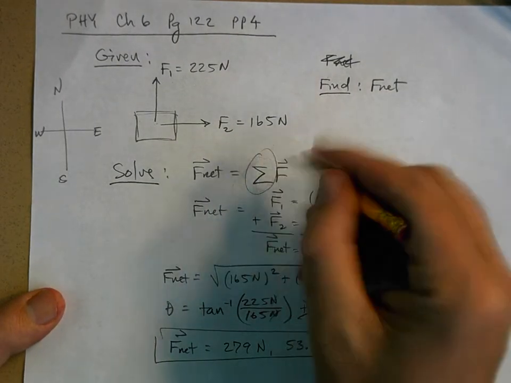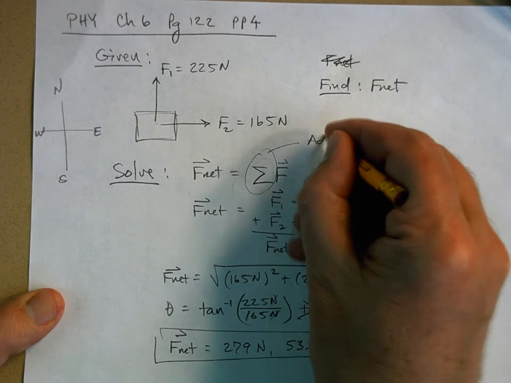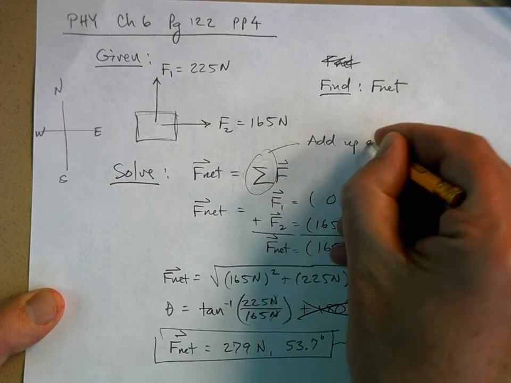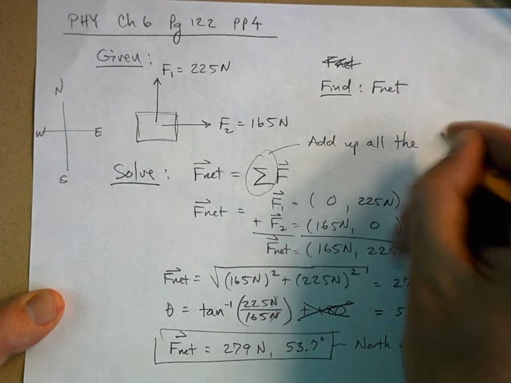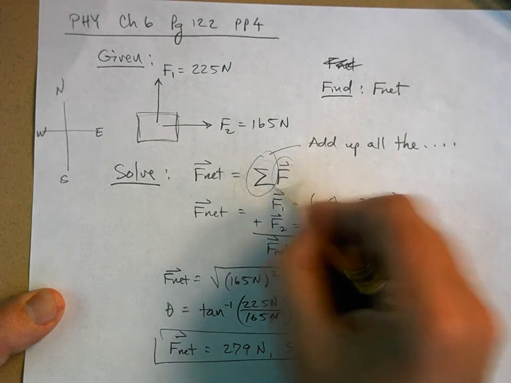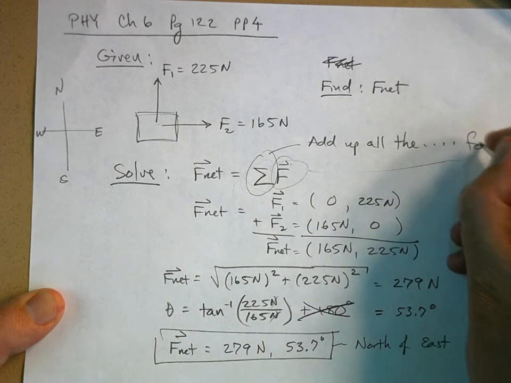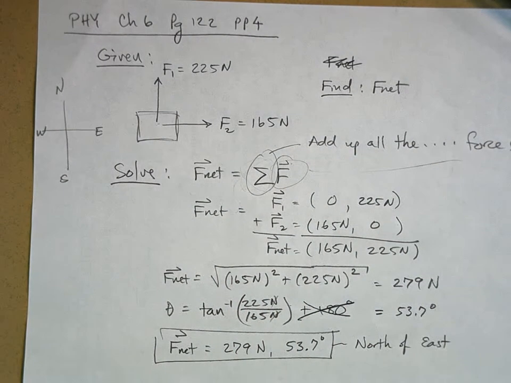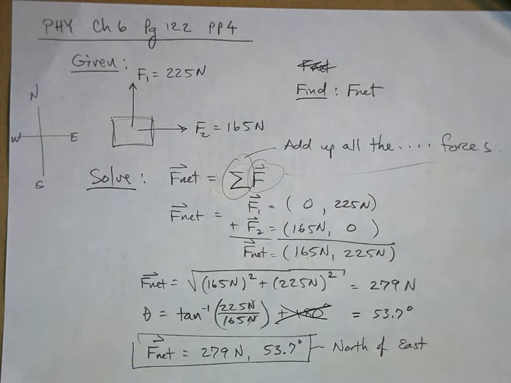This means add up all the, and then the F means forces. So you add up all the forces. That's what the sigma symbol means when we use it in this class. We're going to add up all the forces to find the net force. That is all.